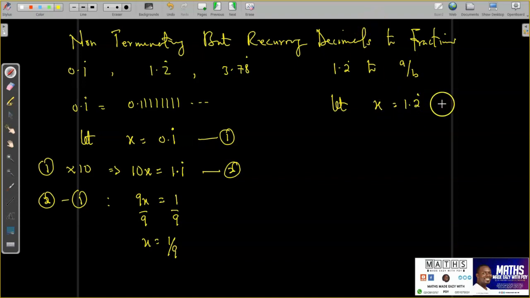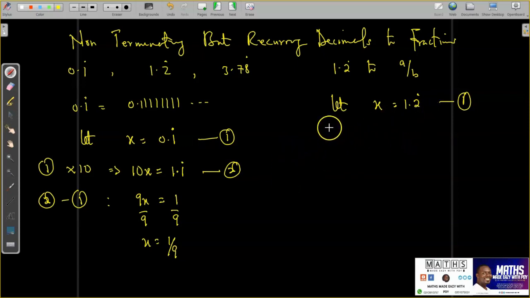Since we've generated the equation, we can call it equation 1. Transposing only one of the digits to join the whole number section, you must multiply through by what number? 10. Good, because the place value is just tenths.